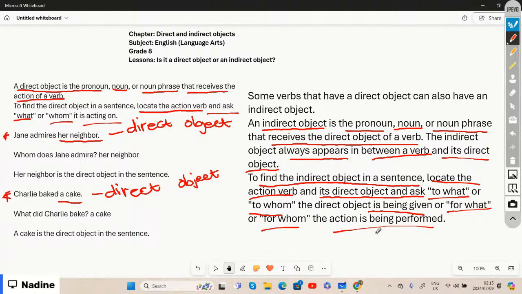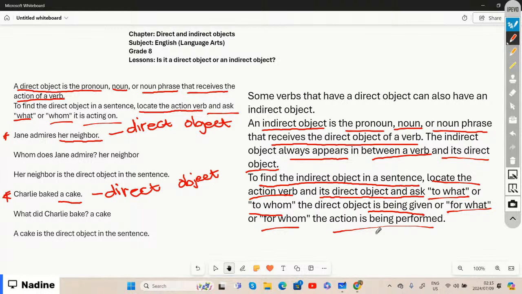The reason why we need to locate both is because we said that the indirect object will always appear between the verb and the direct object. So that is why you need to locate the action verb as well as the direct object when you find the indirect object of the sentence.